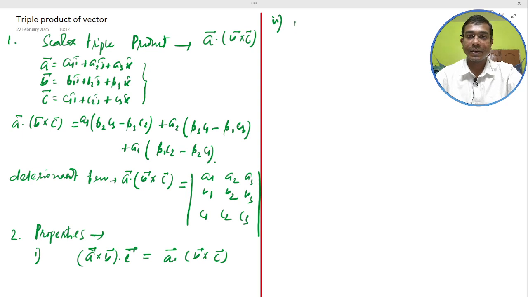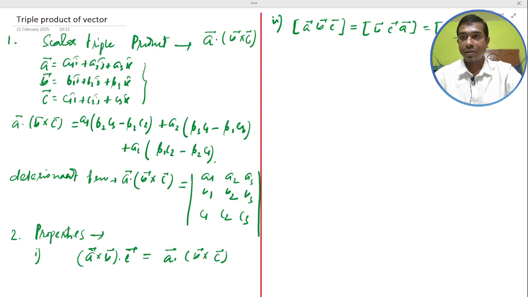That means the box of ABC is equal to box of BCA, which is equal to box of CAB. And the box of ABC will become minus the box of BAC, which is minus the box of ACB.